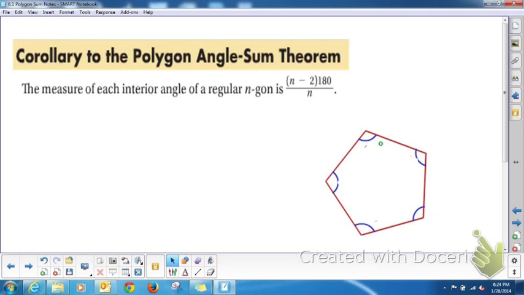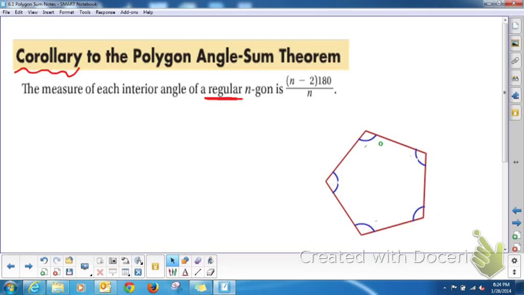So take notes here. The corollary to the Polygon Angle Sum theorem. Corollary means something we can easily prove. The measure of each interior angle of a regular n-gon, regular means all the angles are congruent, so any number of side polygon, is the number of sides minus 2 times 180.